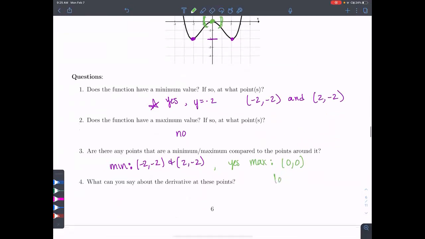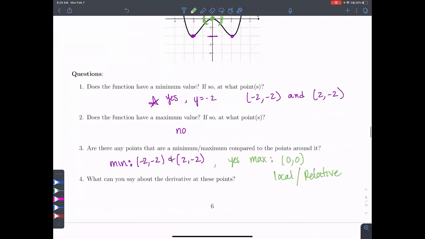And that's called a local or a relative max or min. It's local, meaning that you zoom in on the point, or relative to the points around it. So it's not global or absolute. We'll talk about that in 3.5. But this is locally zooming in on a point, regardless of whatever is happening elsewhere on the graph.